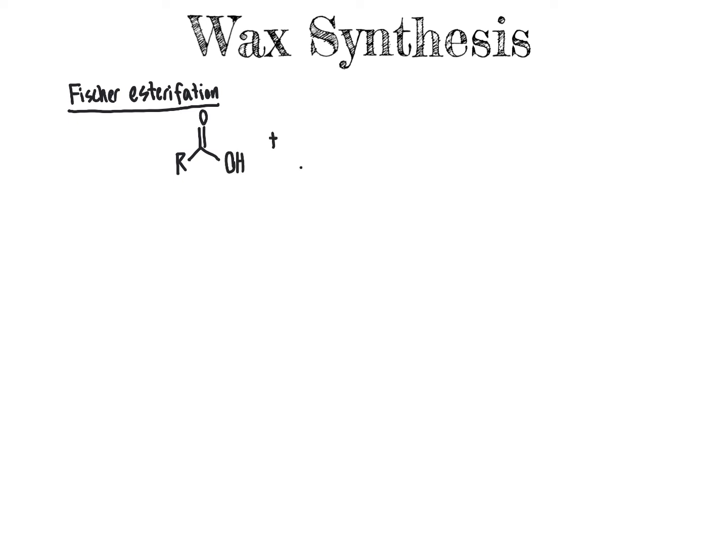We react it with an alcohol, and in this reaction schematic, I'm abbreviating our carbon chain as R in the carboxylic acid, and R prime is the carbon chain in the alcohol.